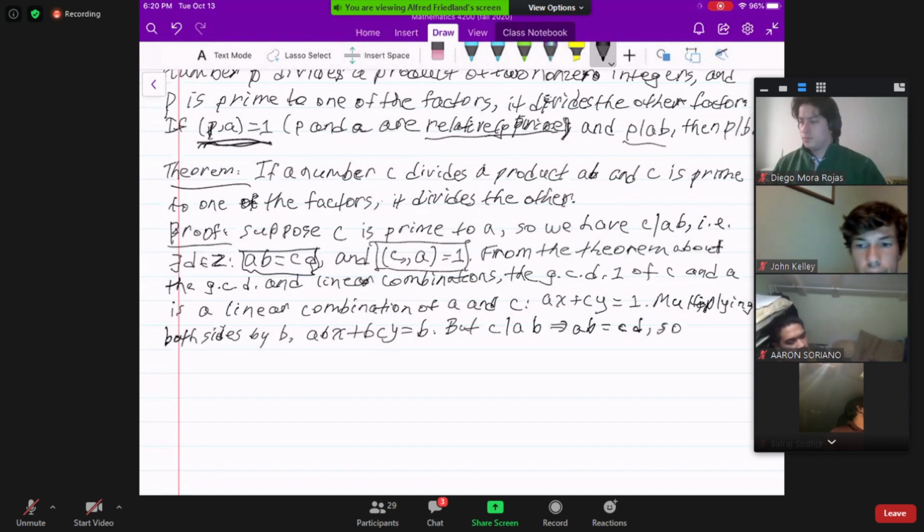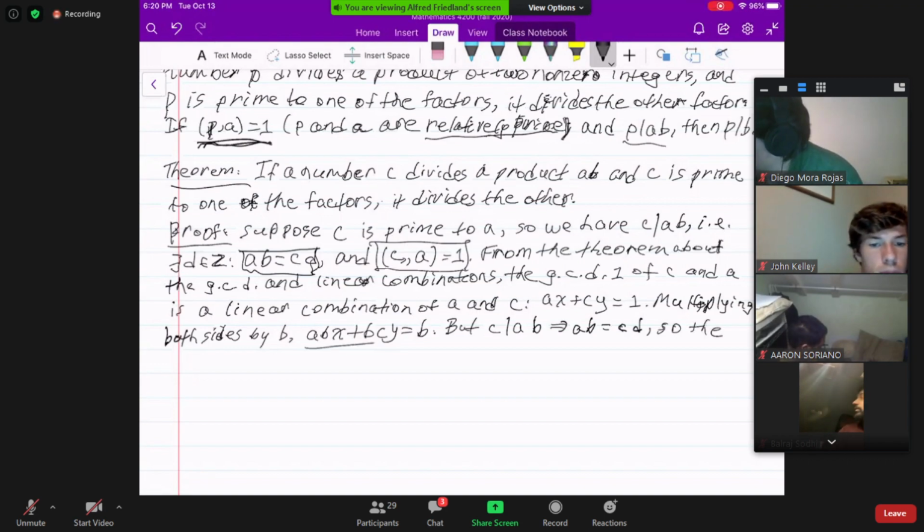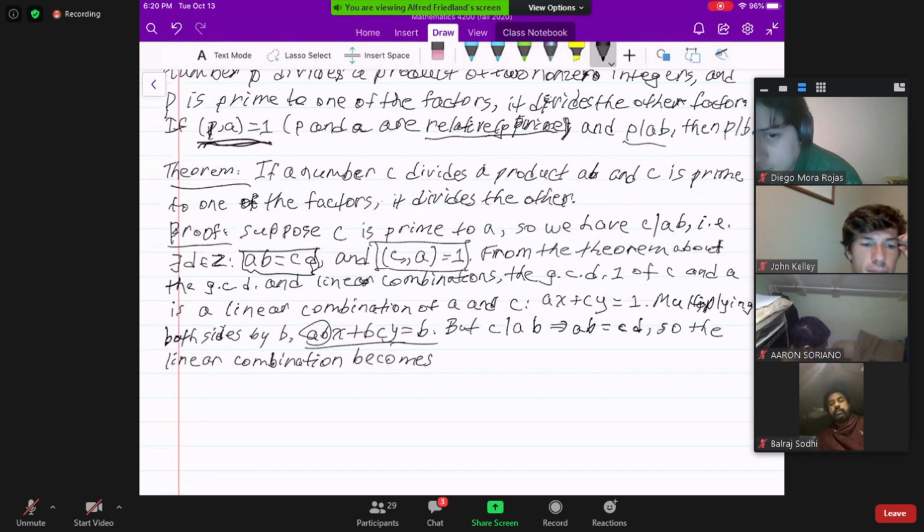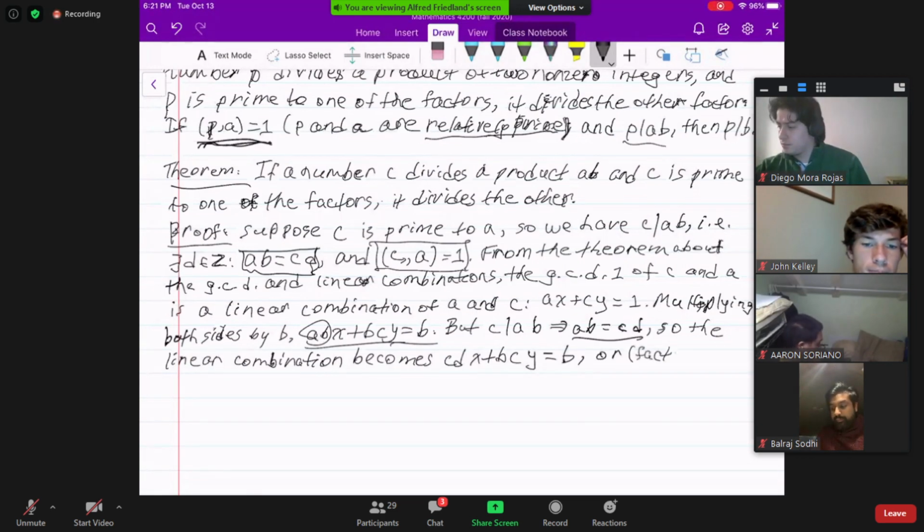So this linear combination, instead of AB, we'll write CDX plus BCY equals B. Or if we factor the left side, we have a C there and a C there.